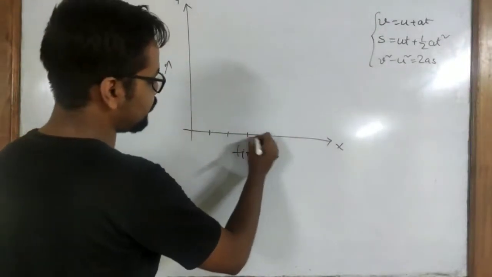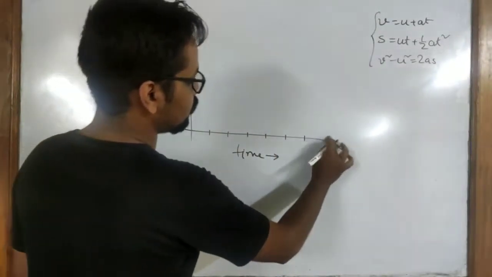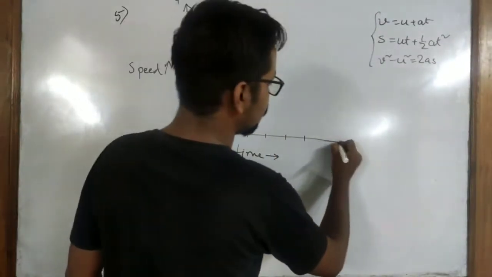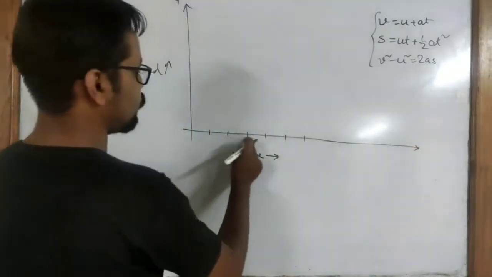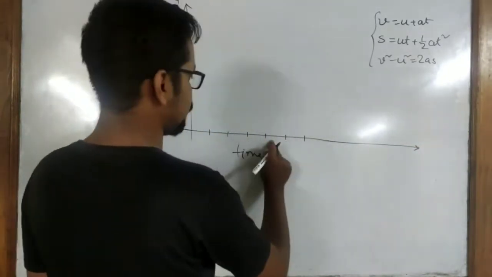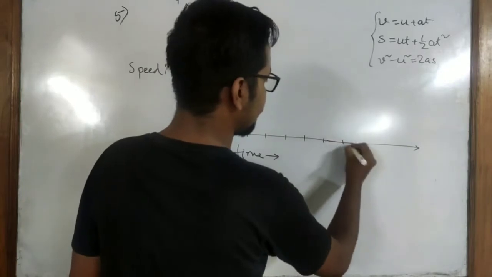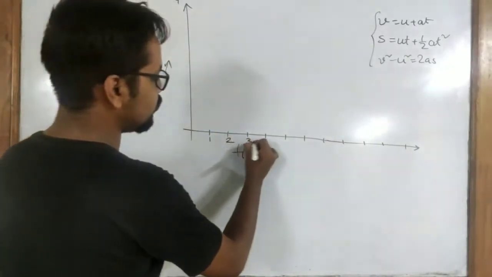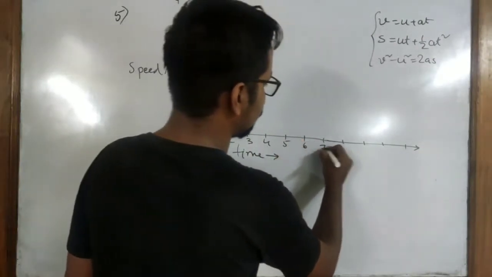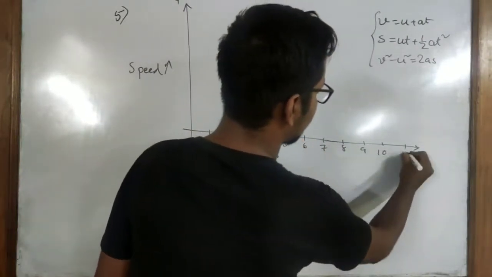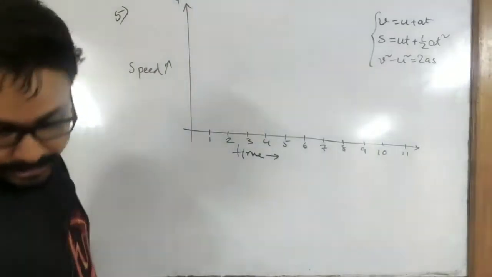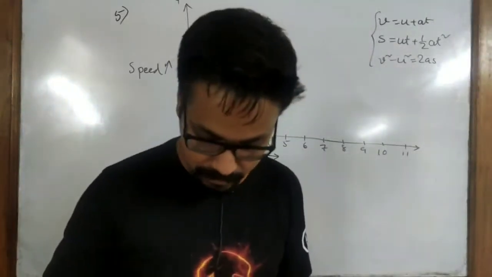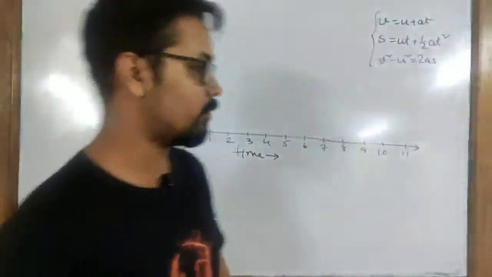So suppose we have these points on the time axis: 2, 3, 4, 5, 6, 7, 8, 9, 10, 11. And on the other axis we need to have speed. Now the speed ranges from 3 km per hour to 52 km per hour.